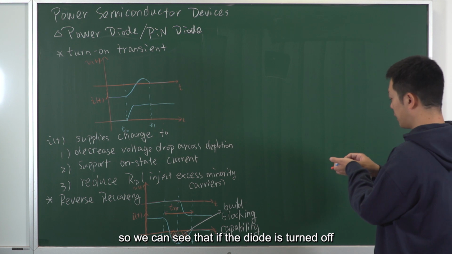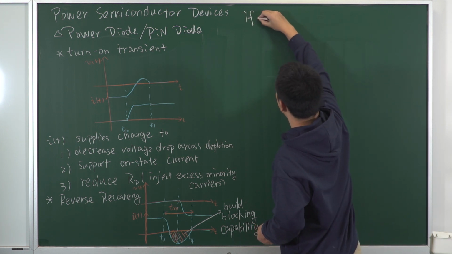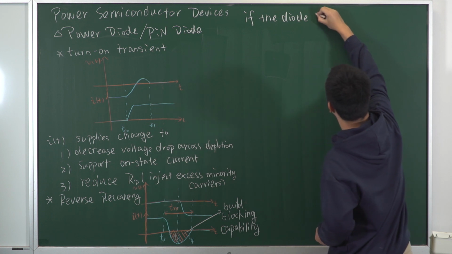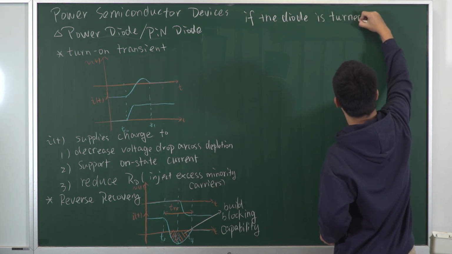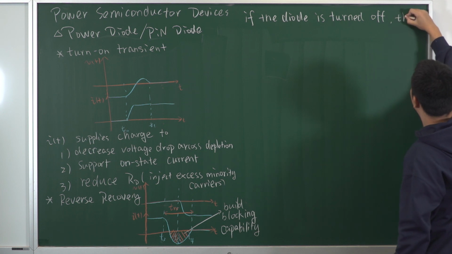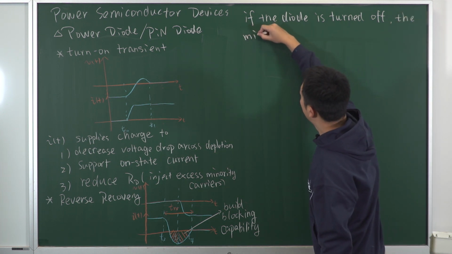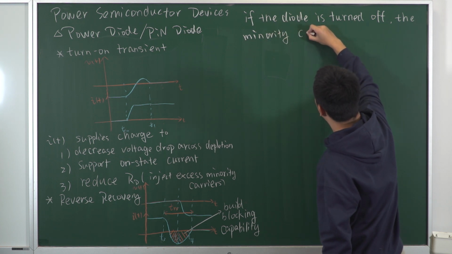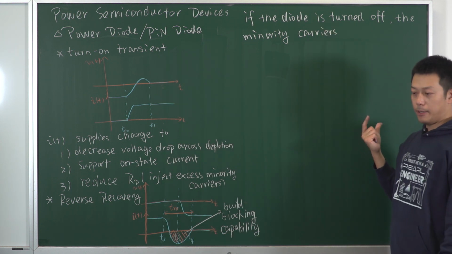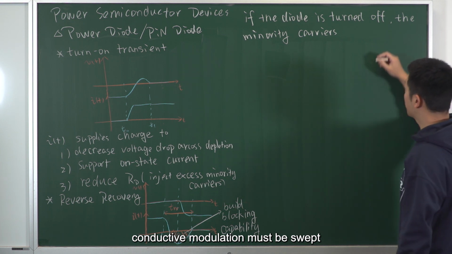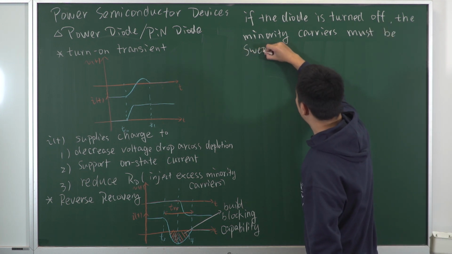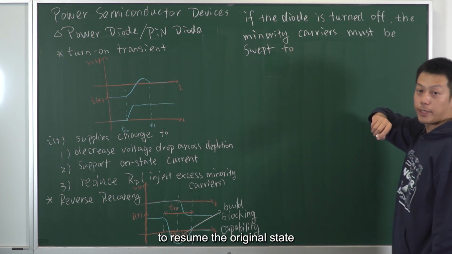So we can see that if the diode is turned off, the minority carriers which were used for the conductivity modulation must be swept out to resume the original state.